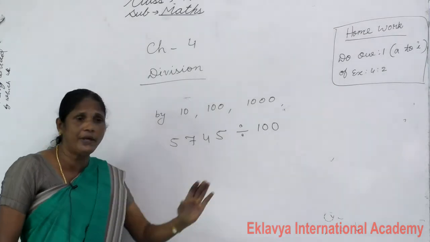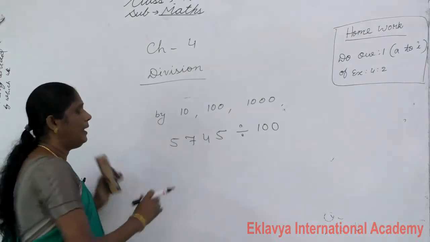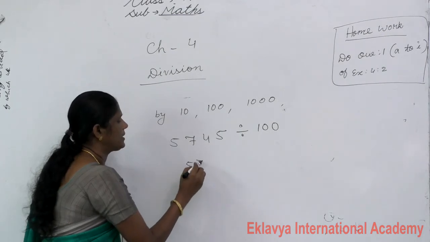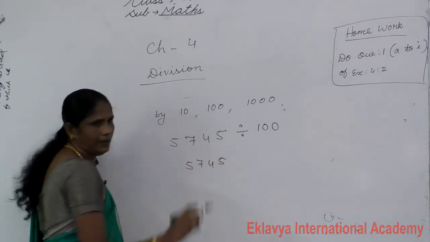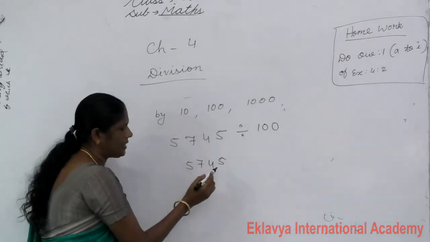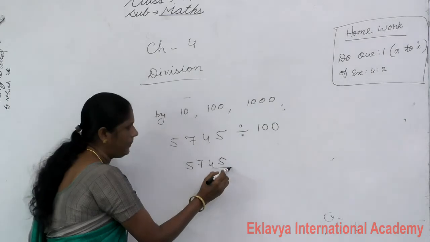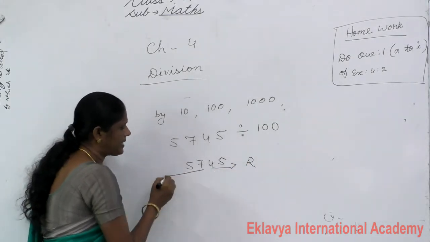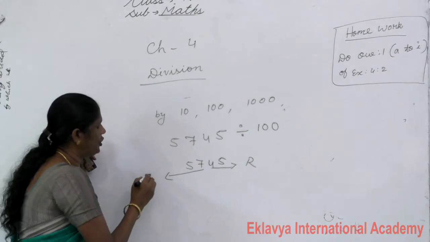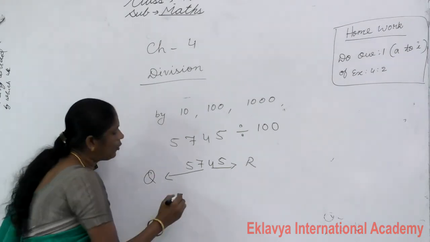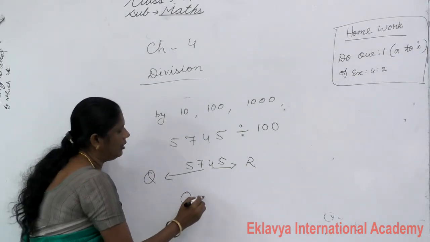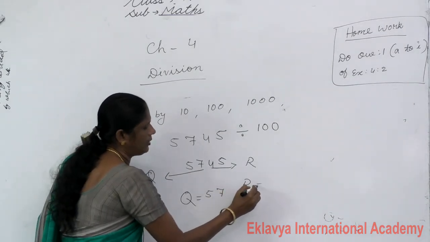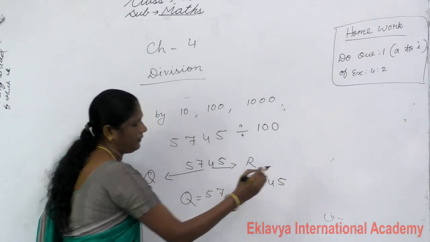How many digits do we remove? 2 digits from the right hand side. This 45 is the remainder, the left number is the quotient. Our quotient is 57. Our remainder is 45.